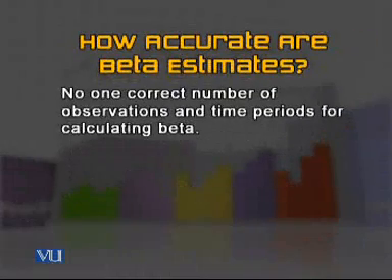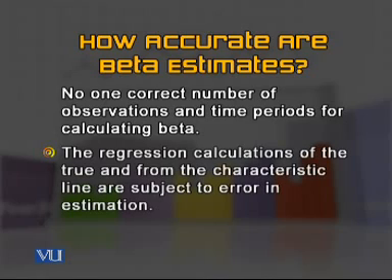There is no one correct number of observations and time periods for calculating betas. But the regression calculations of the true alphas and betas from the characteristic line are subject to errors in estimation. It's all about estimates. There can be errors.